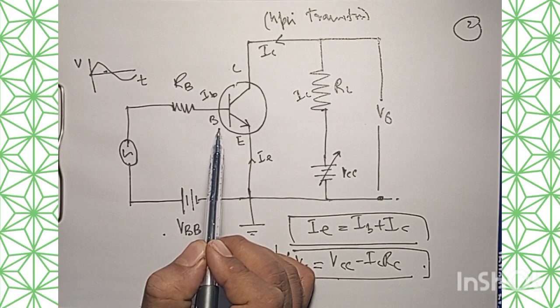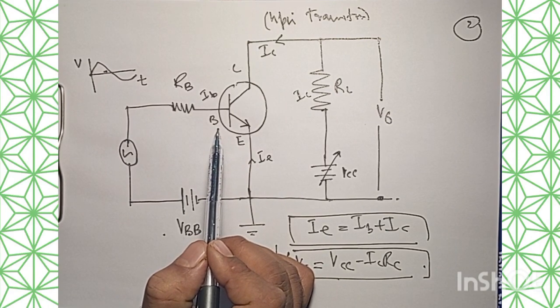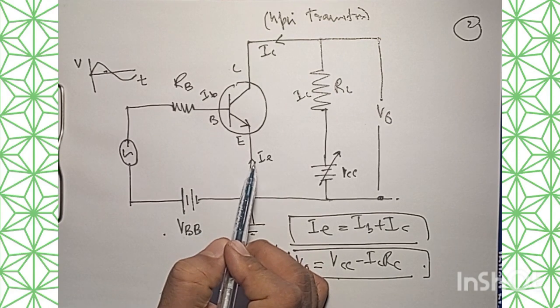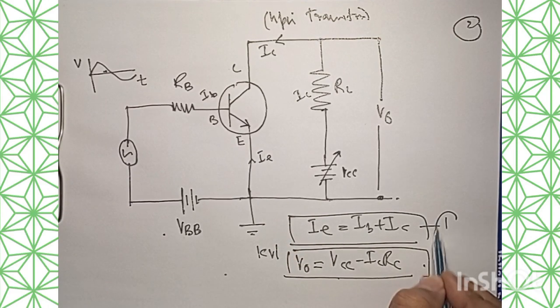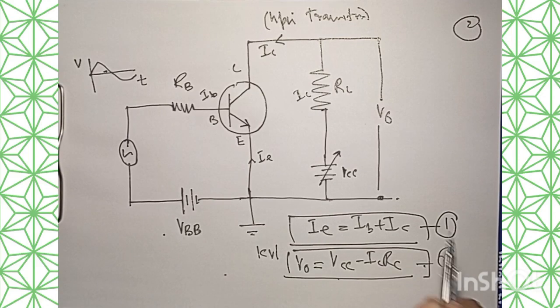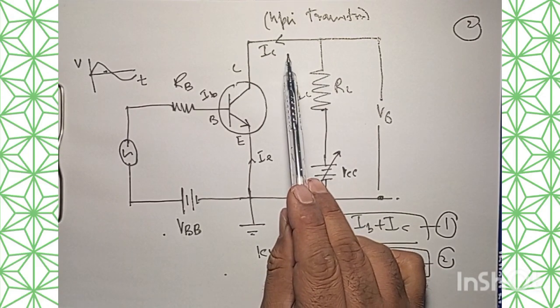Due to this increase, the emitter current will increase, and hence, according to equation 1 and equation 2, the collector current also increases.